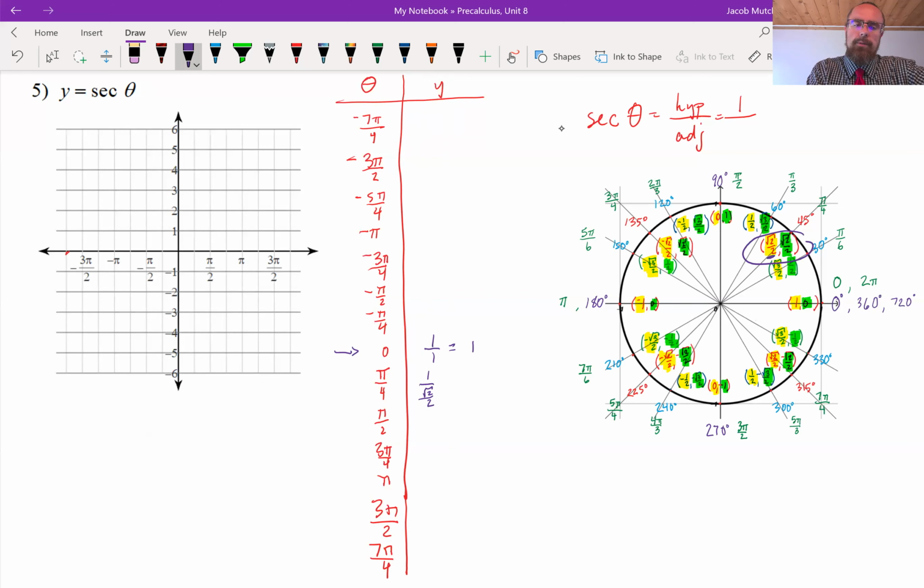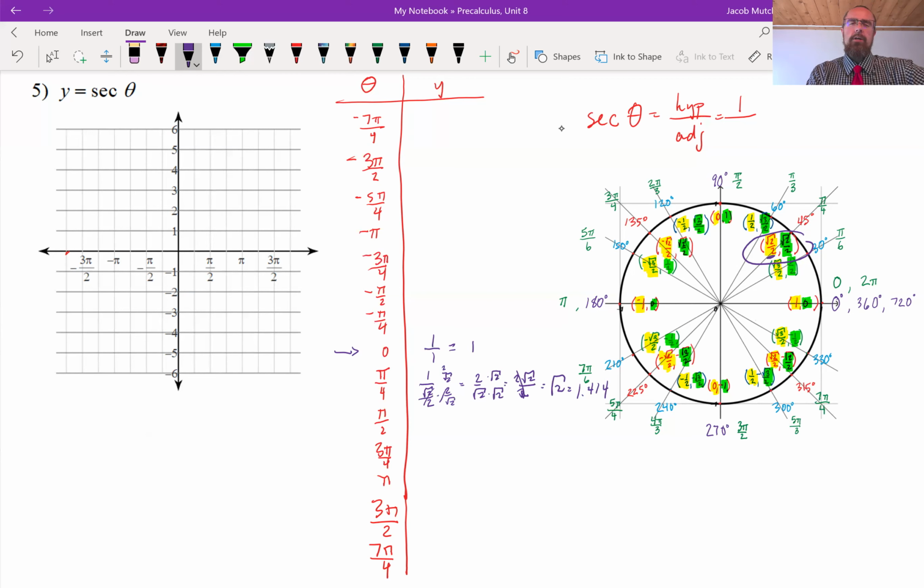We've got to do some manipulation, so I'm going to multiply by its reciprocal. 2 over the square root of 2. Got to rationalize that denominator. So that's going to be 2 times the square root of 2 over 2. So it just boils down to the square root of 2. Well, that has about the value of 1.414.